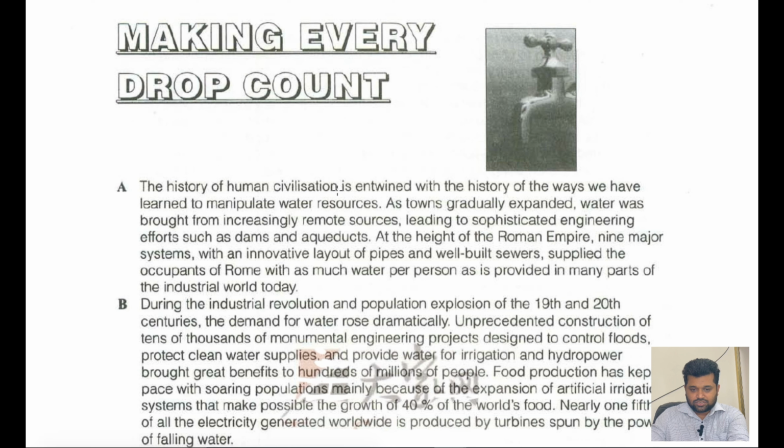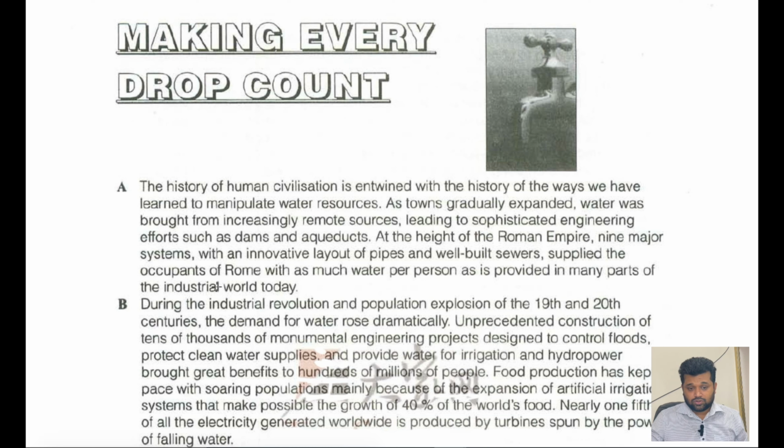The history of human civilization is entwined with the history of the ways we have learned to manipulate water resources. As towns gradually expanded, water was brought from increasingly remote sources, leading to sophisticated engineering force such as dams and aqueducts. At the height of the Roman Empire, 9 major systems with an innovative layout of pipes and well-built sewers supplied the occupants of Rome with as much water per person as is provided in many parts of the industrial world today.